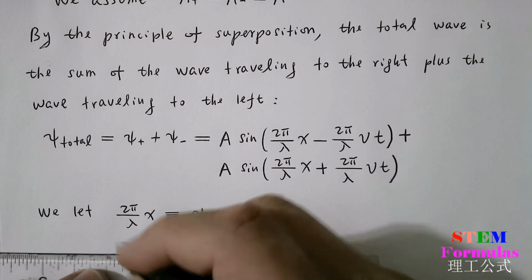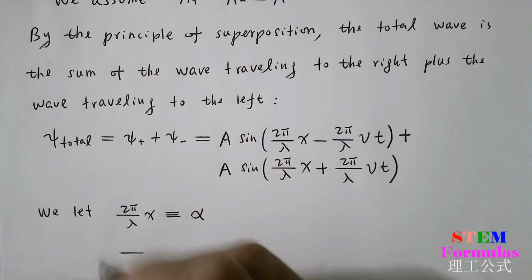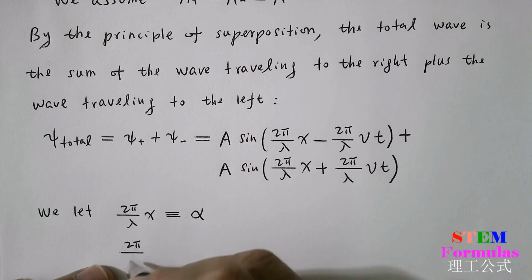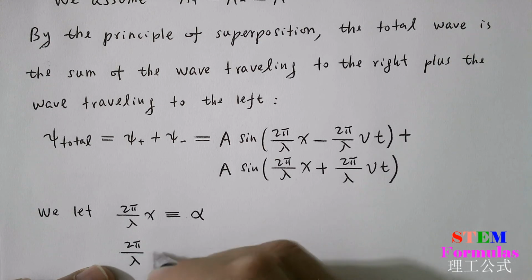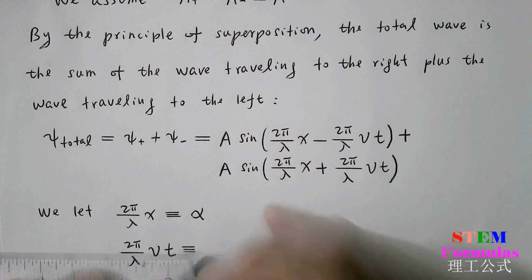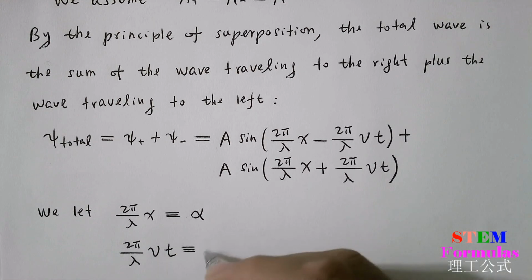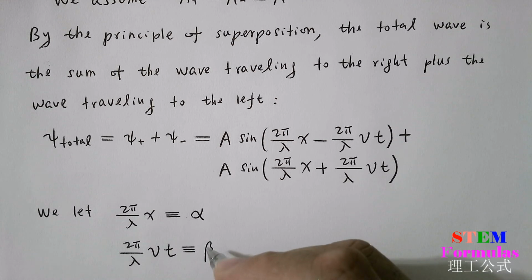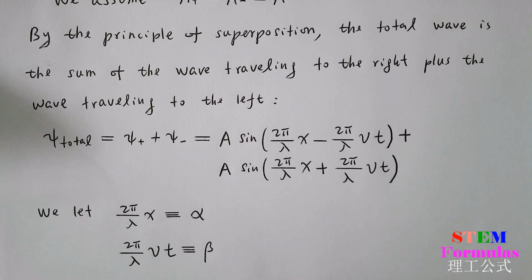Then 2 pi divided by lambda times v times t I call beta.